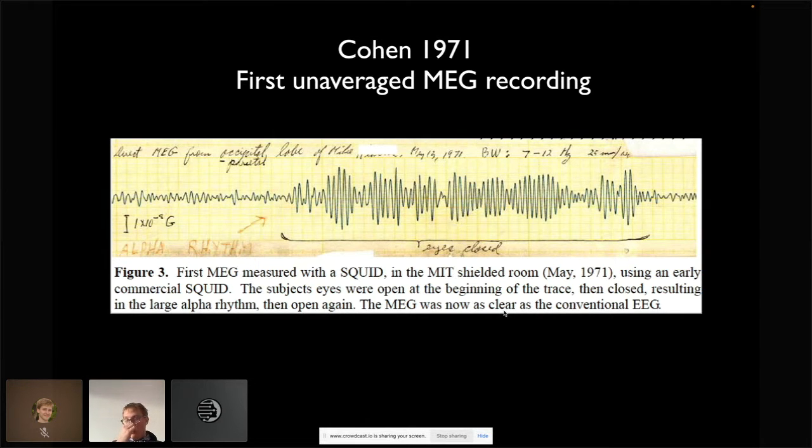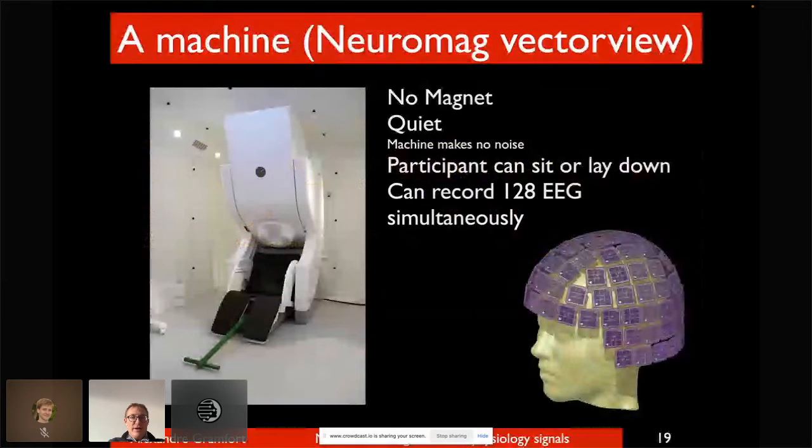Okay, so now if you look at an MEG system in those days, this is the system that is available in Paris in the Neurospin Imaging Center. This is a so-called Elekta Vectorview system.